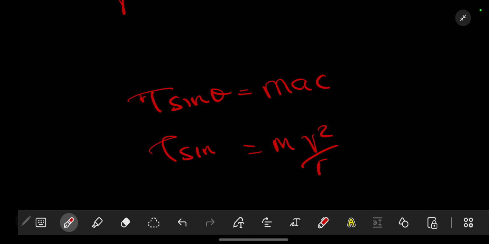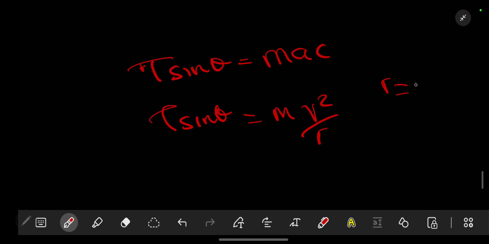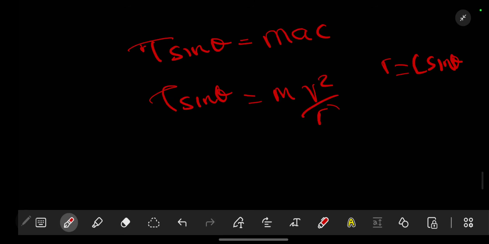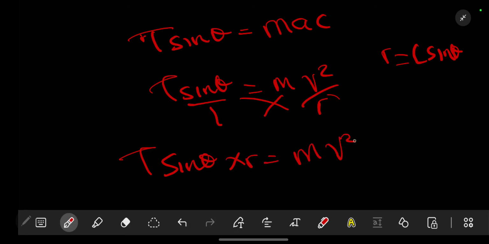So we have tension sine of theta like that. We know that our r is equal to L sine of theta. If we had r, we can just replace directly, but we don't. So we cross multiply, T sine of theta times r should be equal to m v squared.